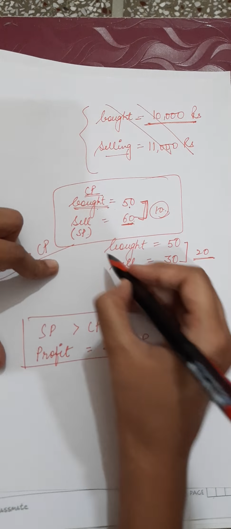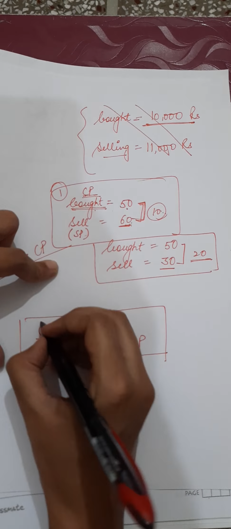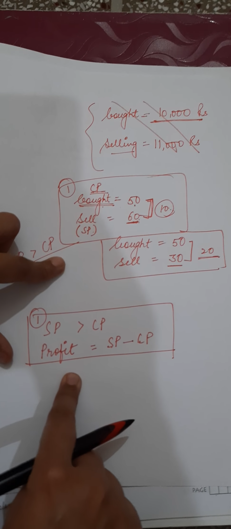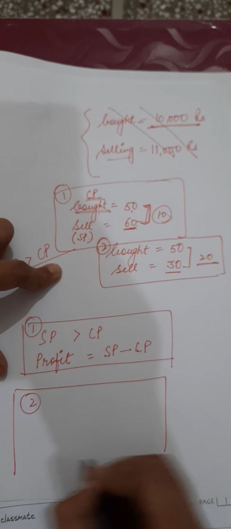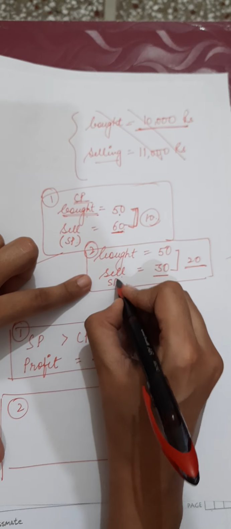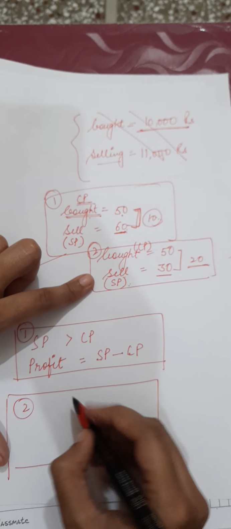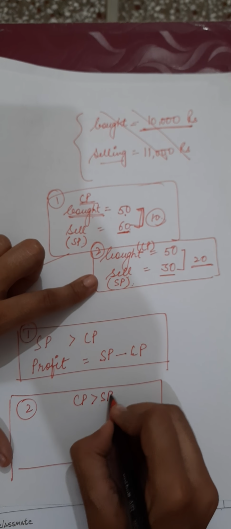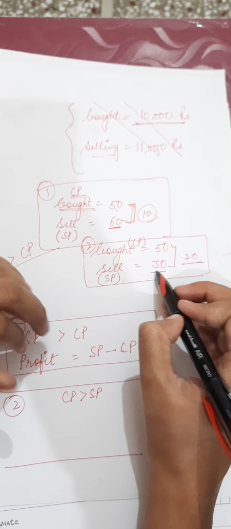Now let us take the second type. This was the first one, with the first, this table was there. With the second one, this is the second table. Here, I have seen that my selling price is less than the cost price, or I can say my cost price was greater than the selling price. I bought a pen for 50 rupees and sold it for 30 rupees.